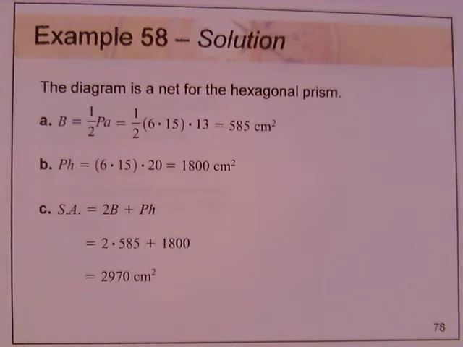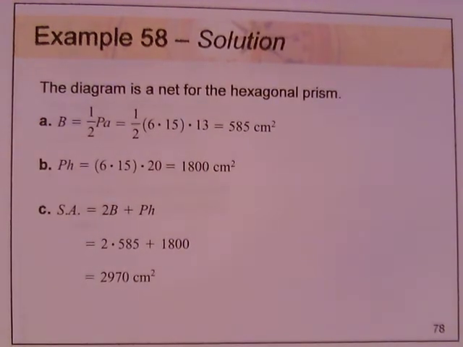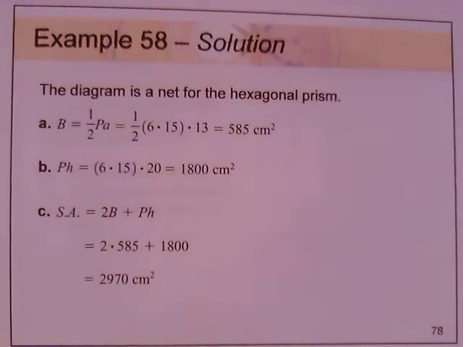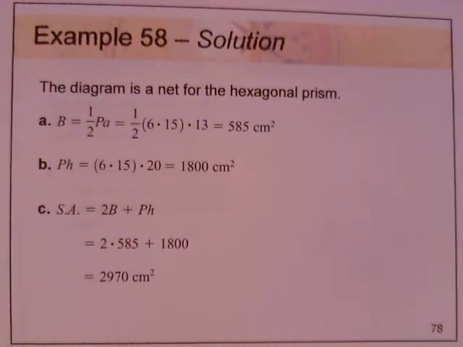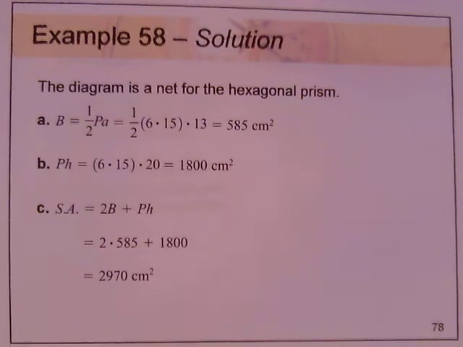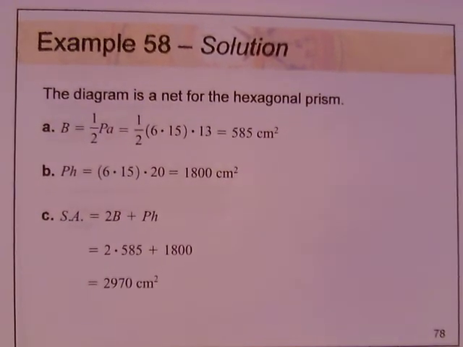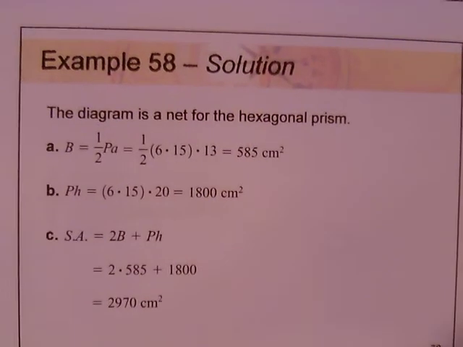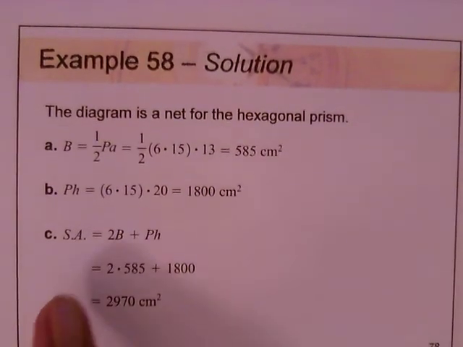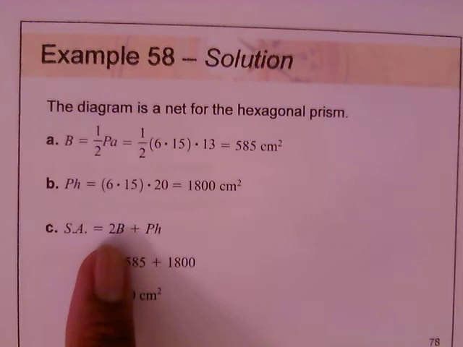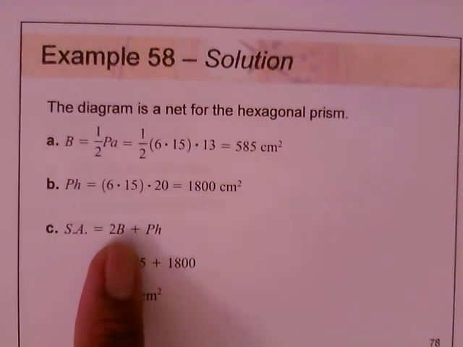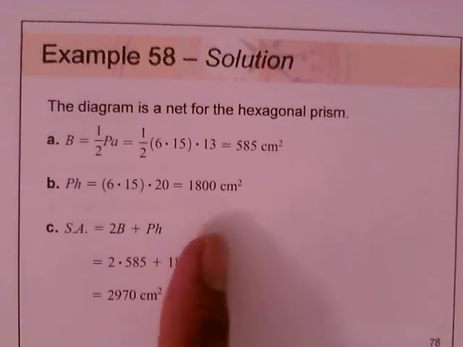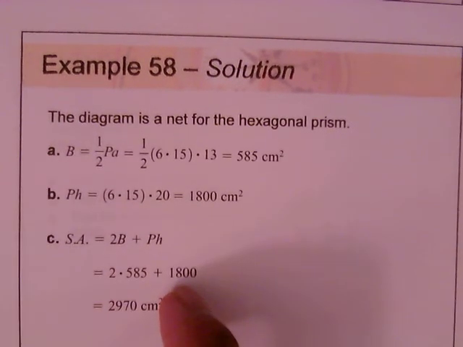And then the lateral surface area is perimeter times the height. The perimeter is 6 times 15, since there are 6 sides, each 15 centimeters long. 6 times 15 times the height, which is 20, gives you 1,800 square centimeters. Then to find the surface area, which is part C, we do 2 times the base, 2 times 585, plus the perimeter times the height, which we found to be 1,800.